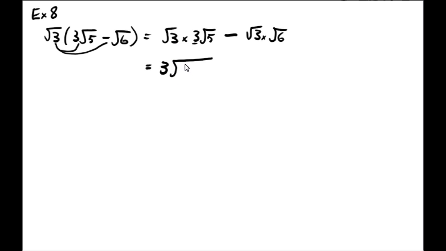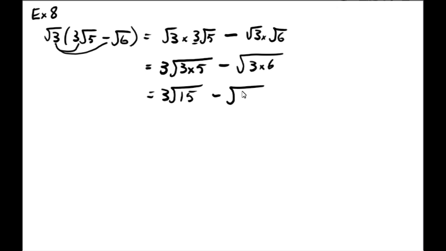We have the surds together. 3 times 5 is 15, and 18.